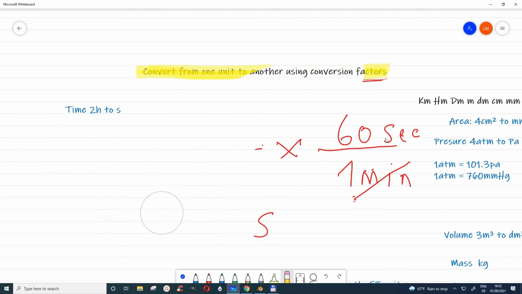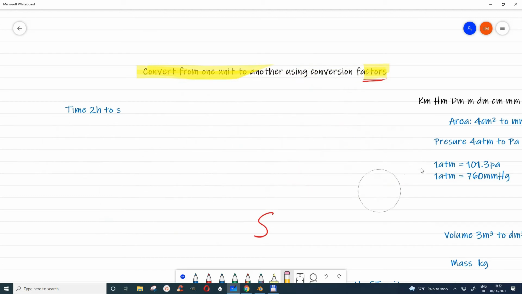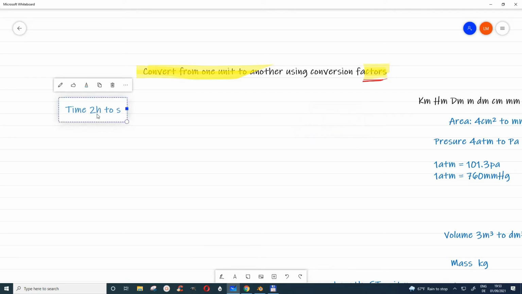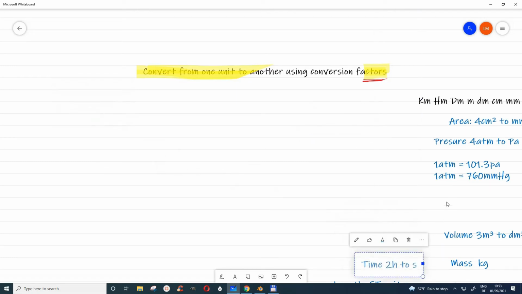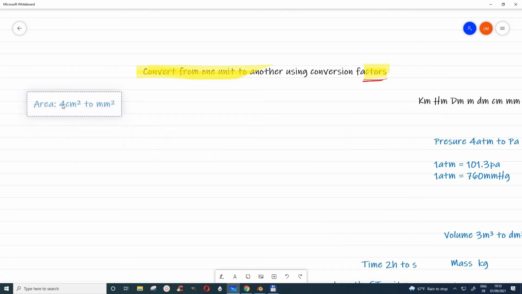Again, we are going to look at area. We know that area is squared, so we have to consider it when dealing with the question. Let's bring this here, and then I bring my area question. The area question is saying that we have 4 centimeters squared, and we want to change it to millimeters squared.